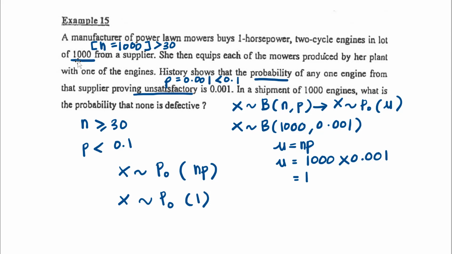The question asks what is the probability that none is defective. That means your x equal to 0. So what is the probability?